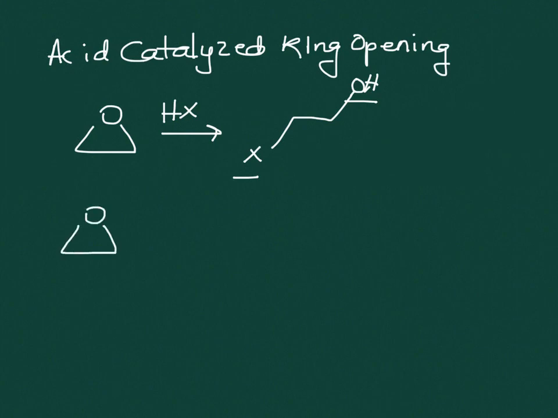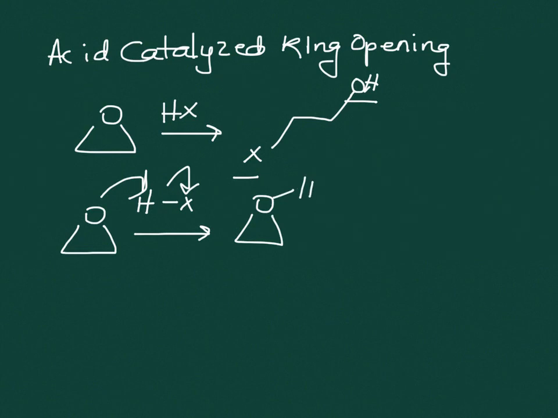Alright, so we have an acid and we can protonate the oxygen and make the carbons more electrophilic. Now X- can attack one of the carbons and open up the ring.